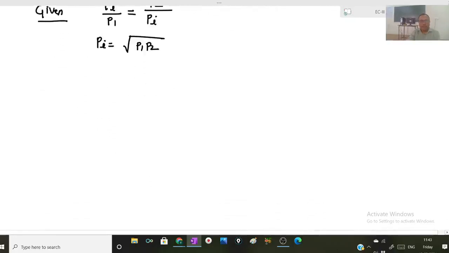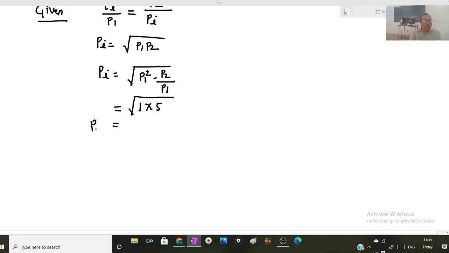Okay. Now Pi will be P1 square into P2 by P1. P1 is given as 1 bar and P2 by P1 pressure ratio is given to me in the problem as 5.